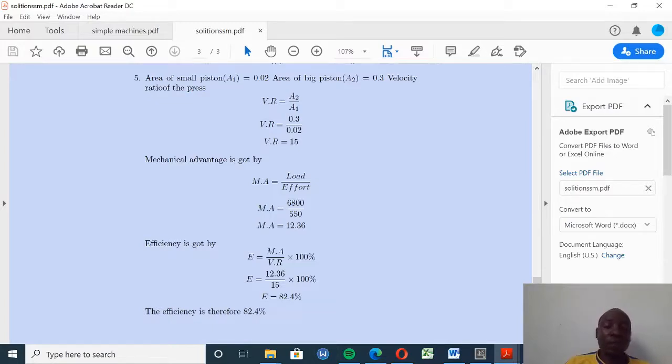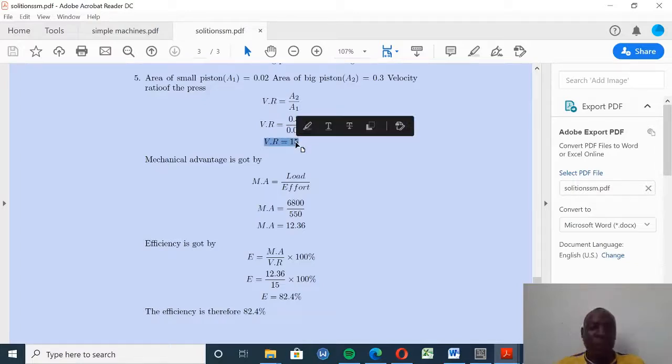Velocity ratio for a hydraulic press is given by the area of the big piston divided by the area of the small piston, or the area of the load piston divided by the area of the effort piston. So we have 0.3 divided by 0.02, which gives velocity ratio as equal to 15.